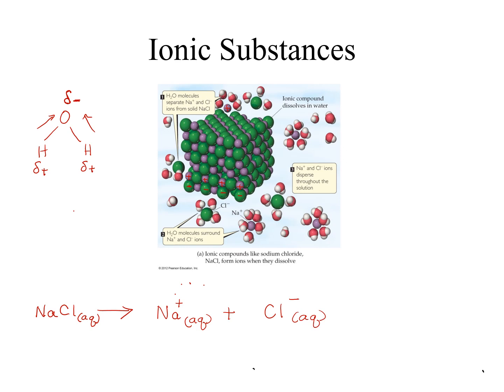So any ionic substance, if it is capable of dissolving in water, will dissolve by producing ions. And that's why ionic substances conduct electricity strongly, because there are ions in the solution and they will be strong electrolytes.